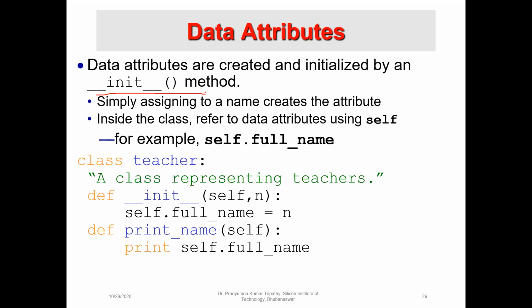Simply assigning to a name creates the attribute. You put some name over there, that becomes an attribute. Inside the class, you refer to data attributes using self. So inside the class, if you want to access that attribute, write self dot attribute name.